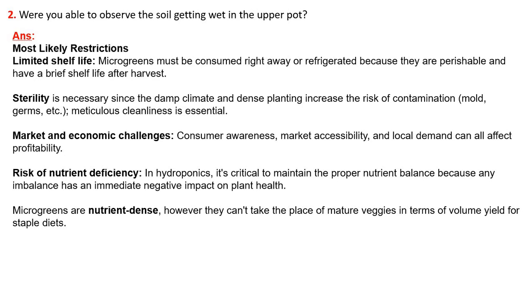Sterility is necessary since the damp climate and dense planting increase the risk of contamination, mold, germs, etc. Meticulous cleanliness is essential. Market and economic challenges. Consumer awareness, market accessibility and local demand can all affect profitability. Risk of nutrient deficiency.